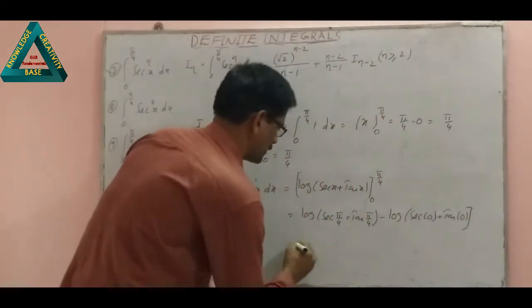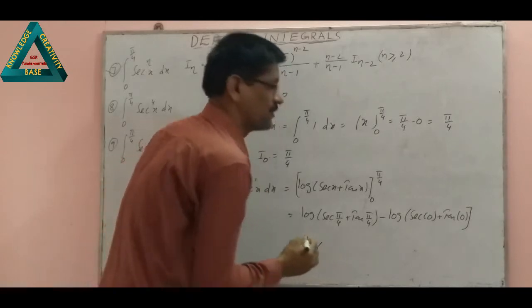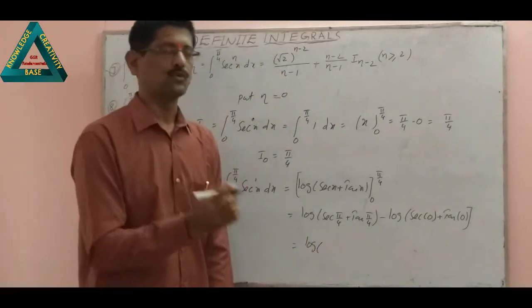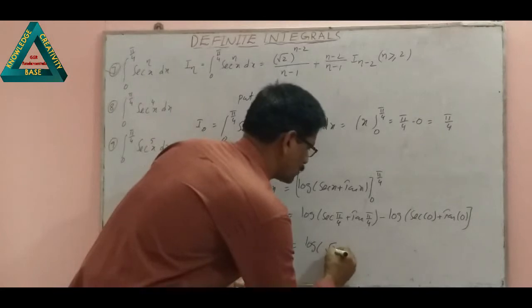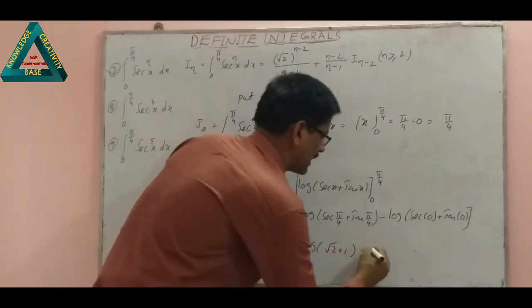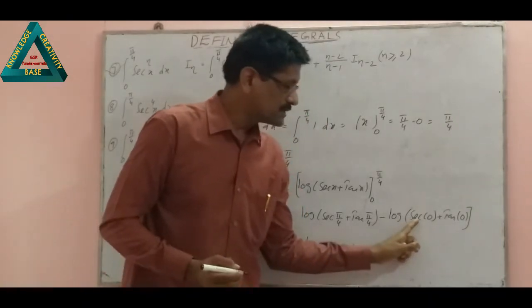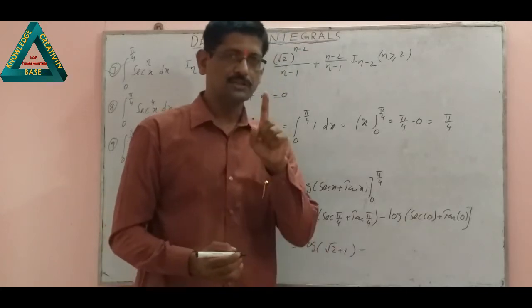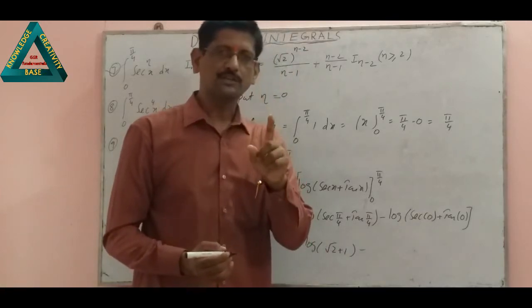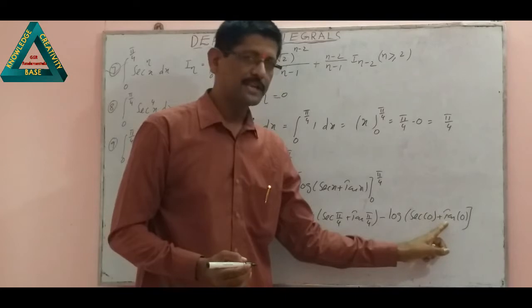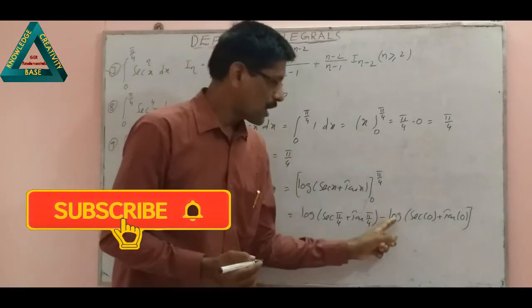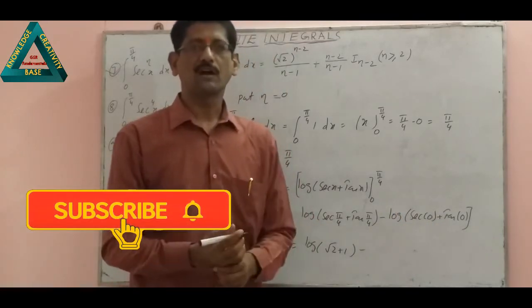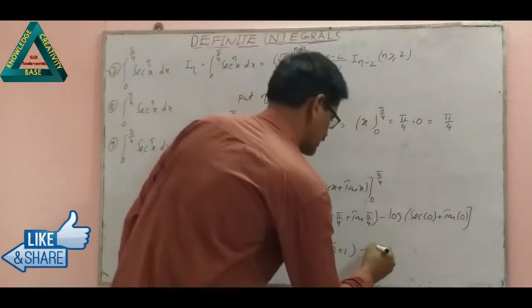Okay, that equals log of, what is the value of secant pi by 4? Root 2. That equals root 2 plus 1, minus what is the value of this one? Secant 0 is equal to 1 over cos 0, which is 1. Secant 0 is also 1. 1 plus tan 0, which is 0. So log 1. What is the value of log 1? 0. Totally this value is equal to 0.